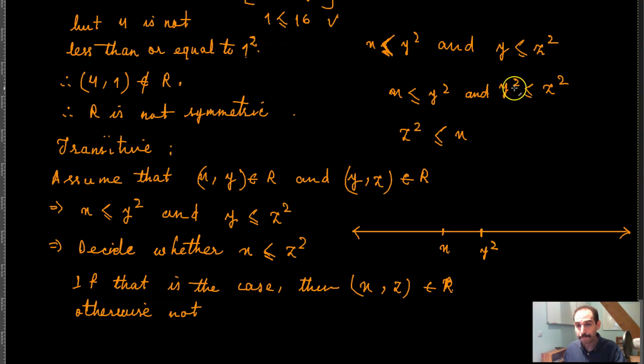And when we say that y squared is less than or equal to z squared, that means that z squared is some value over here, or at least somewhere over here. That means that x is less than or equal to z squared, right?